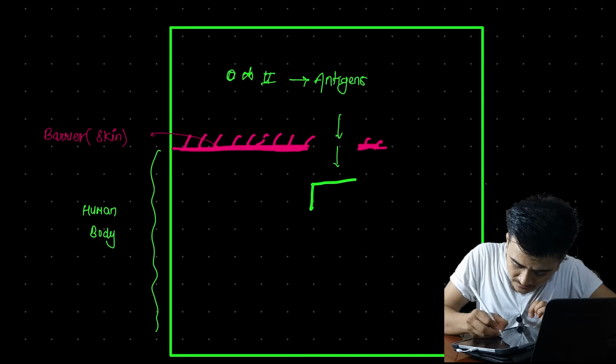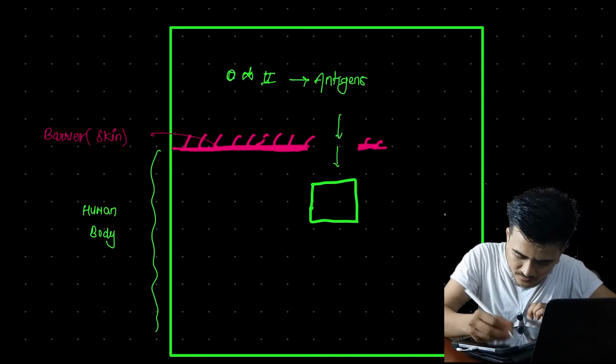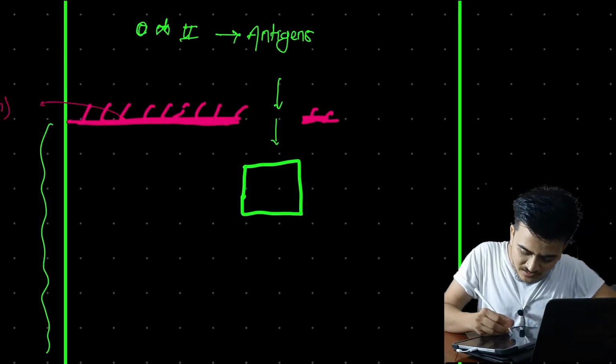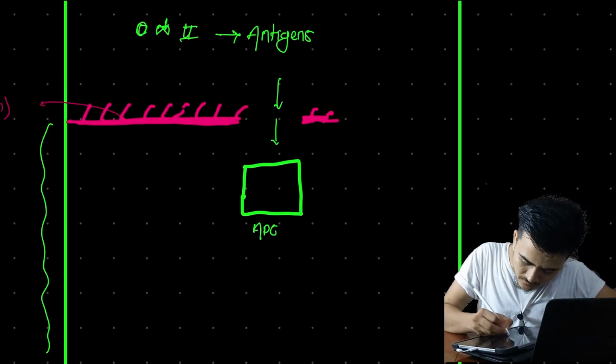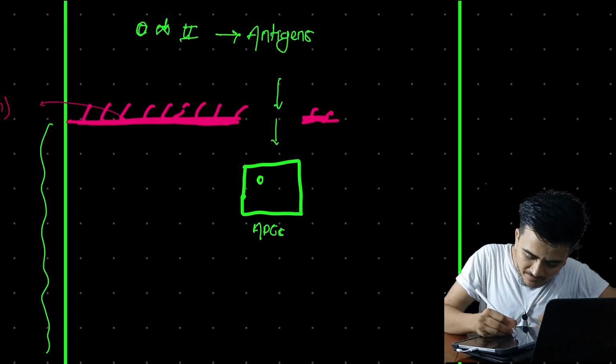What I said is they will be taken up by APCs. What are APCs? Antigen presenting cells, APCs. These antigens will be taken by APCs.